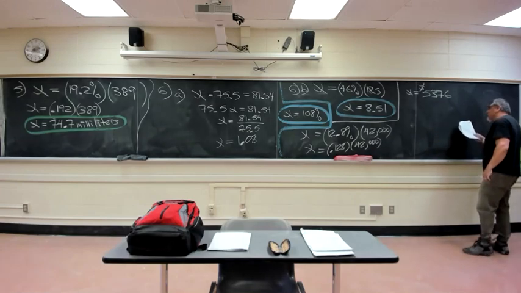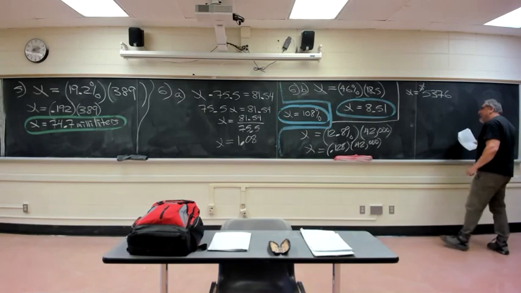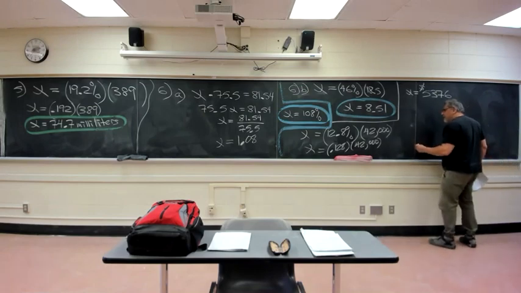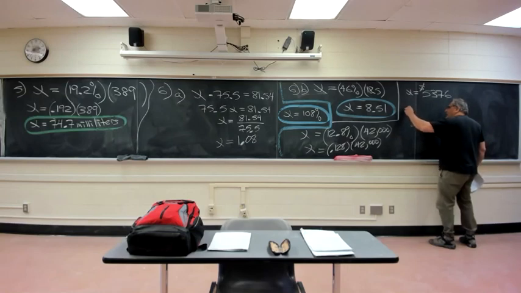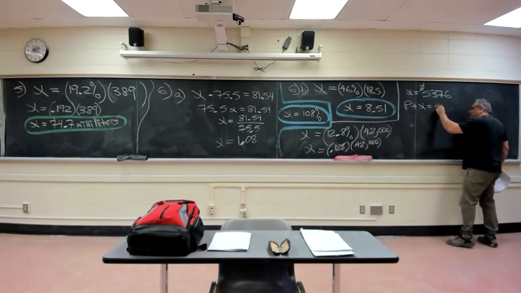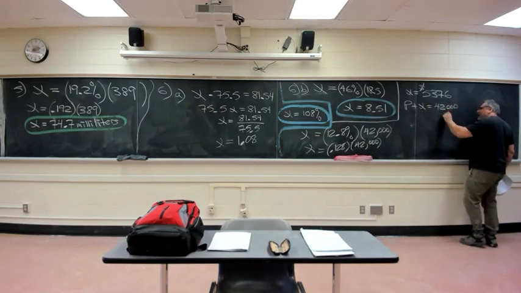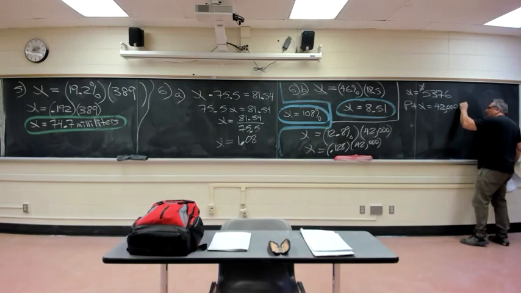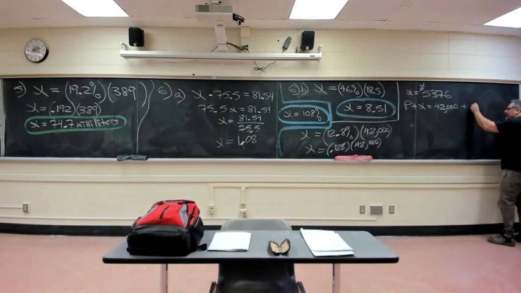And so $5,376 for that, and the price of the new one is the price now plus the amount of the increase you're going to put on it. It's going to be $42,000 plus the $5,376.